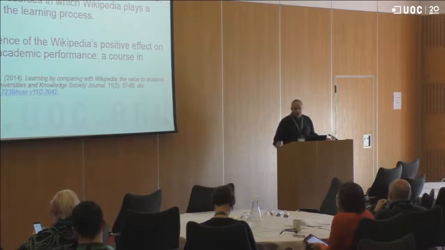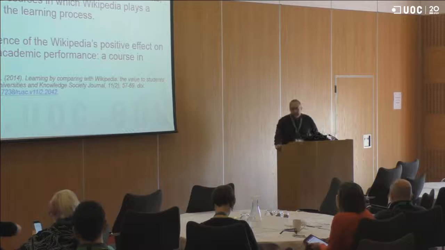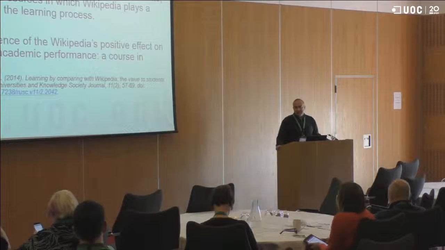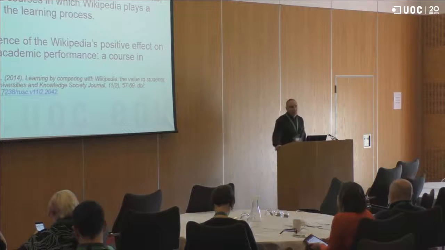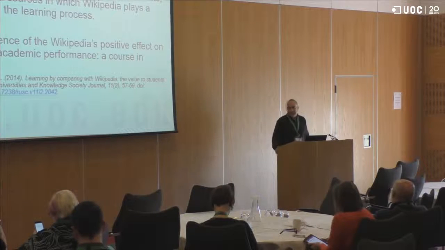We all know that Wikipedia is core to open educational resources, and also it is one of the biggest sources of information in the world. But although Wikipedia is frequently used by most higher education students, it is difficult to find courses in which Wikipedia has a central role.